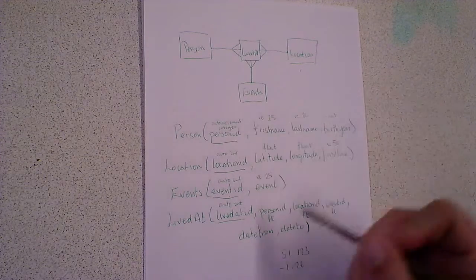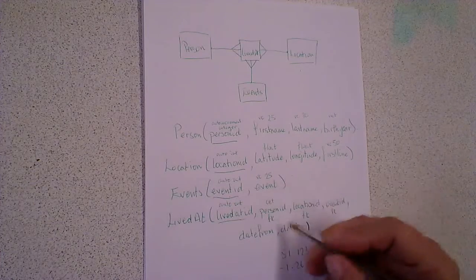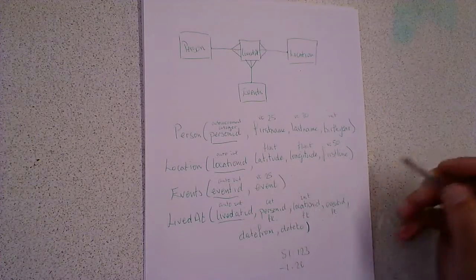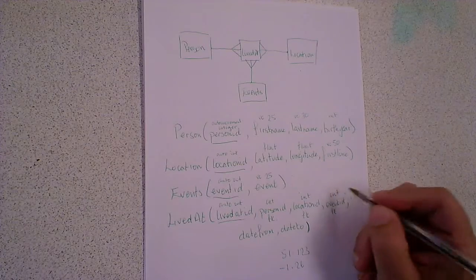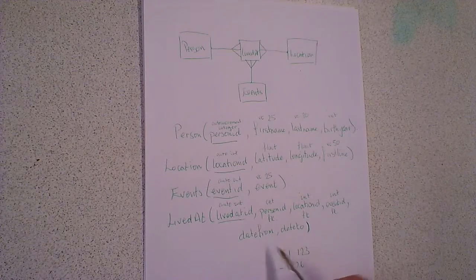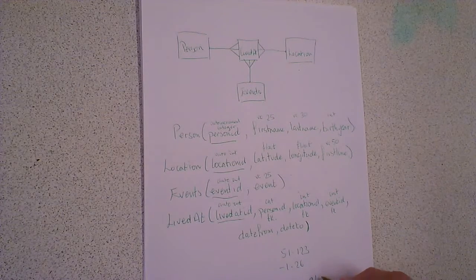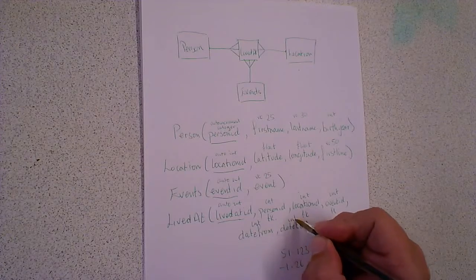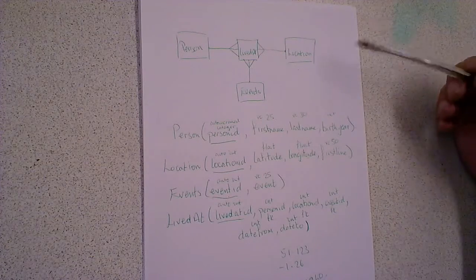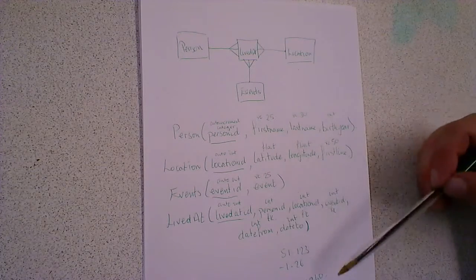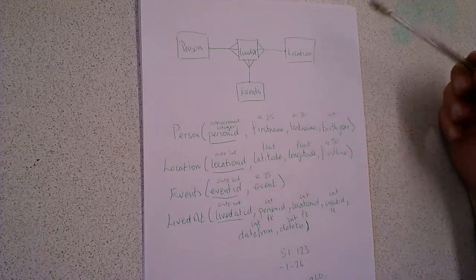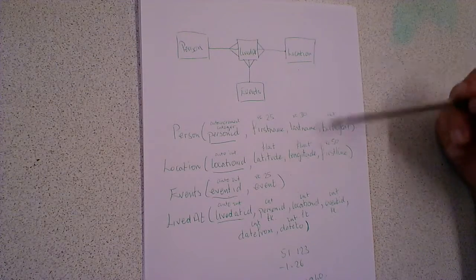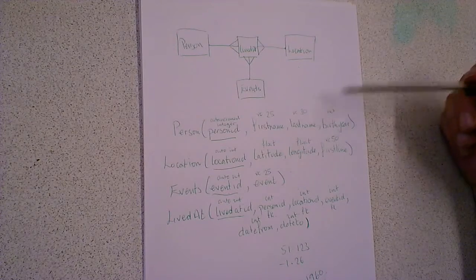So person ID needs to be an int, location ID needs to be an int, event ID needs to be an int, and the date from, so I'm thinking of dates like 1960, I'm not bothered with the day, month, just bothered with the year, so again we can use ints for those too. So there we go, I've got my data, I've got everything I need to get my database going. So we'll nip over to phpMyAdmin, MySQL, and let's create this database.